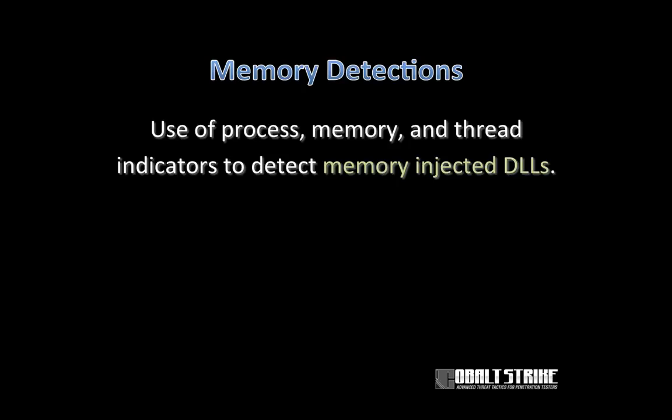The techniques we're going to cover are very good at detecting memory-injected DLLs. I'd like to start with saying that detecting memory-injected DLLs is fair game. Many well-known and effective offense tool sets do use memory-injected DLLs. Cobalt Strike, Metasploit, Empire.